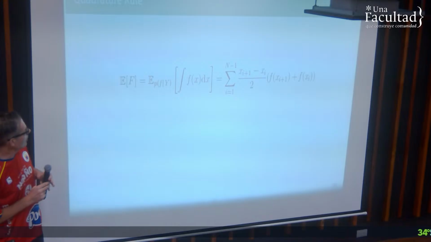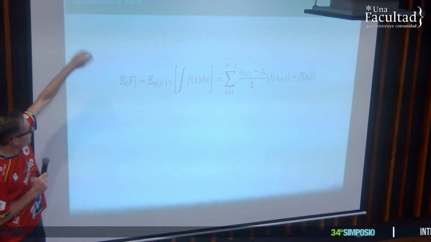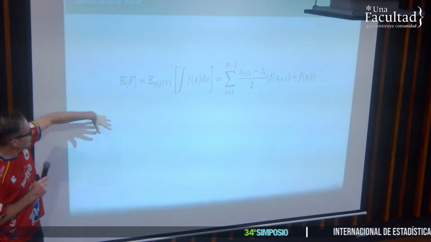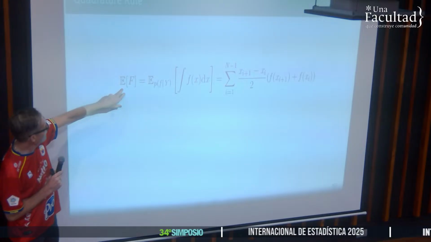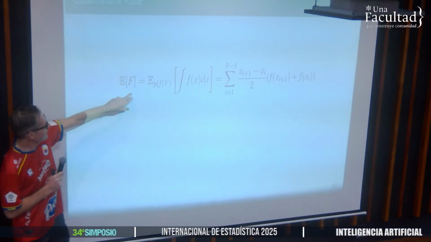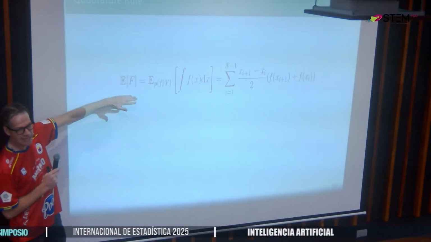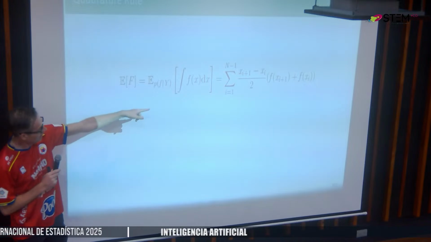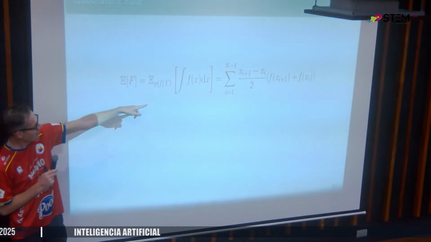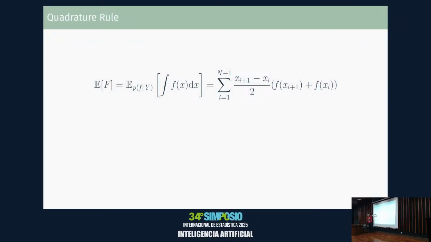Now, what I'm going to do is put this prior in and do exactly the quadrature rule I had before, and then I take the mean of this, right? So I take the expected integral. What do you have there? Does anyone recognize the mean? Exactly. This here is the basic quadrature rule that we all know, it's the trapezoid rule, right?